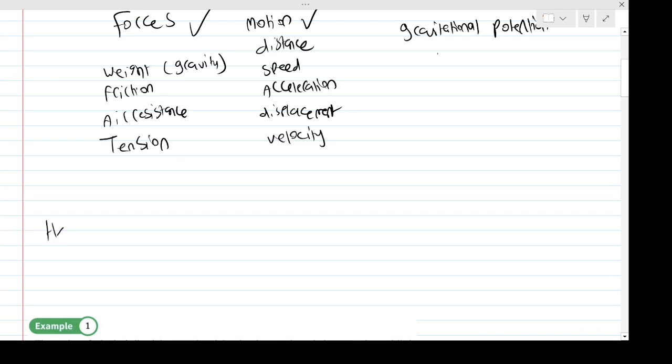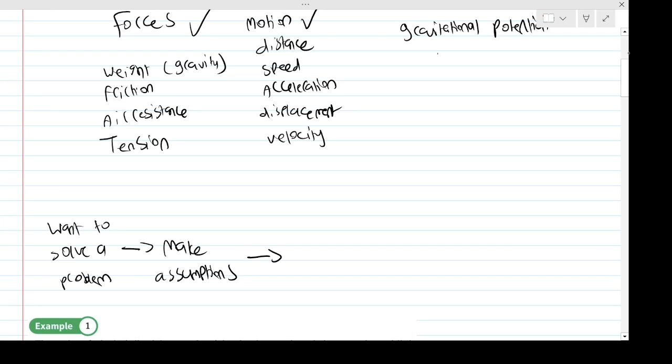We have a problem, a real life problem. And the issue is, obviously, we can't solve it exactly the way it is, so we need to simplify the problem down so we can solve it. These are called assumptions. We make assumptions. Then when we make assumptions, we can solve it mathematically.